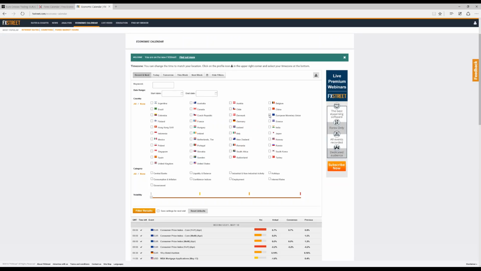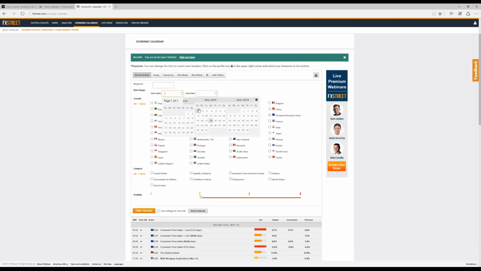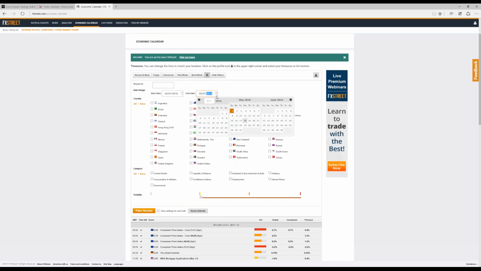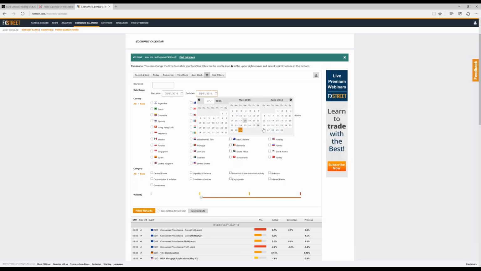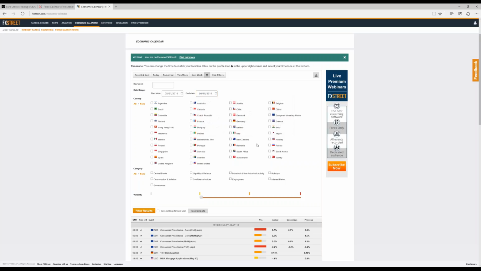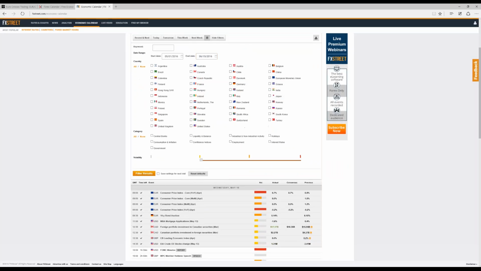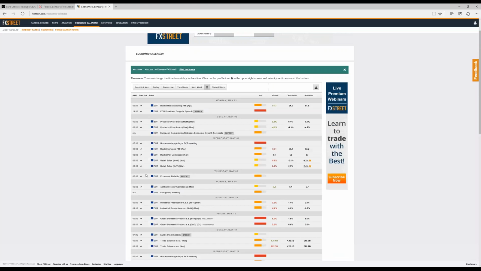You can do it as I'm doing it at the same time, and I'm going to set my search to only relatively important events that have been going on throughout the month of May, and what is going to come up. So I'm going to set my date from the 1st of May until the end of May. Maybe I shall extend this to the middle of June so that we have a broader knowledge of what is going to come up. Because we've already set this, we're going to see everything.